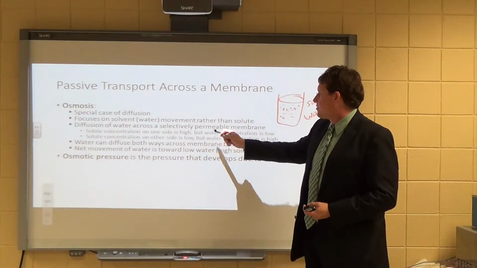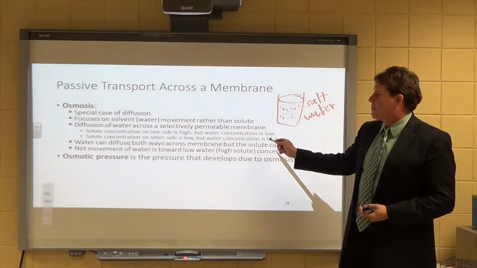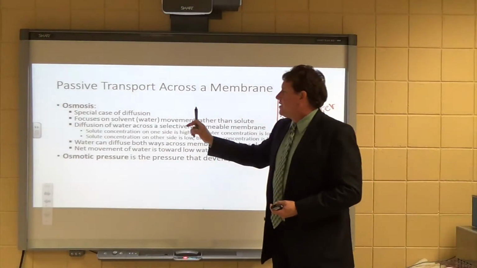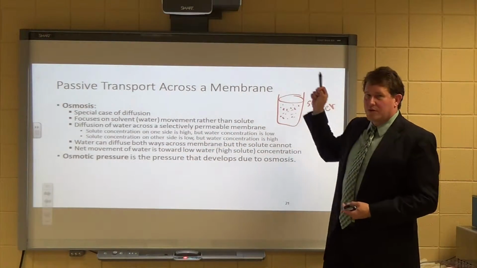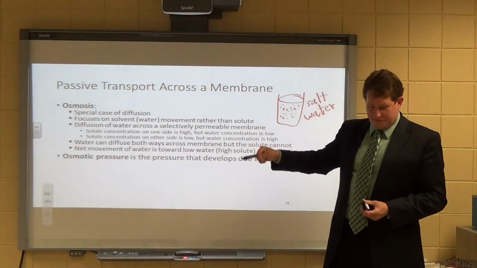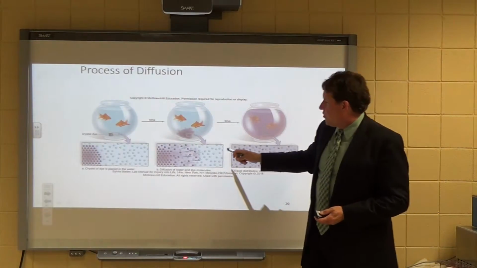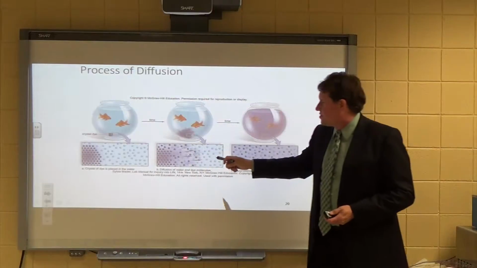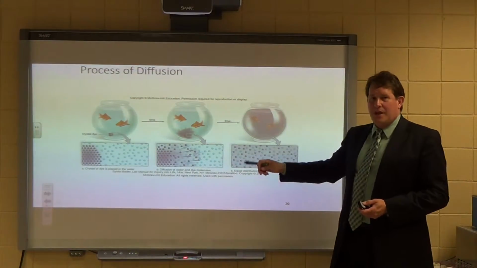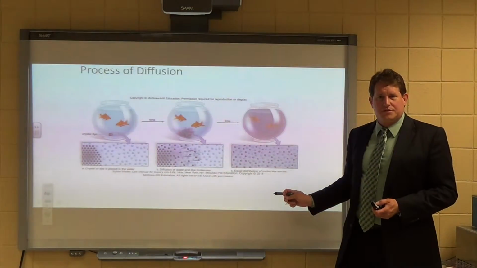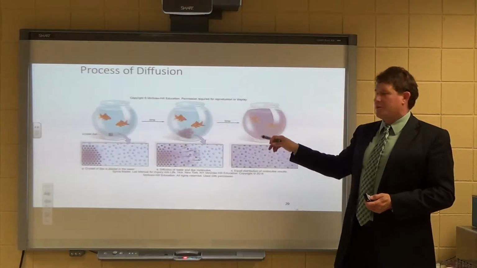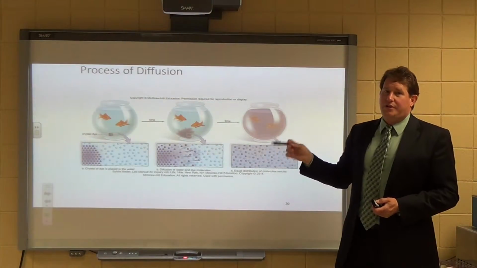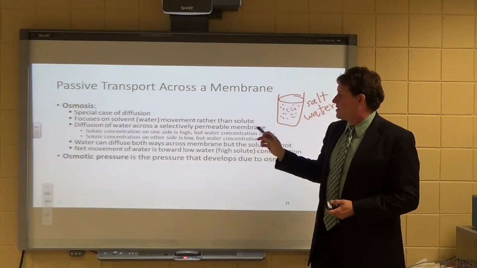And diffusion of water across a selectively permeable membrane has the water moving towards the higher concentration. Just like over here, the water moved towards the higher concentration. And now it moves away from the lower concentration because it wants to help this total diffusion occur. Can't do that unless it moves.